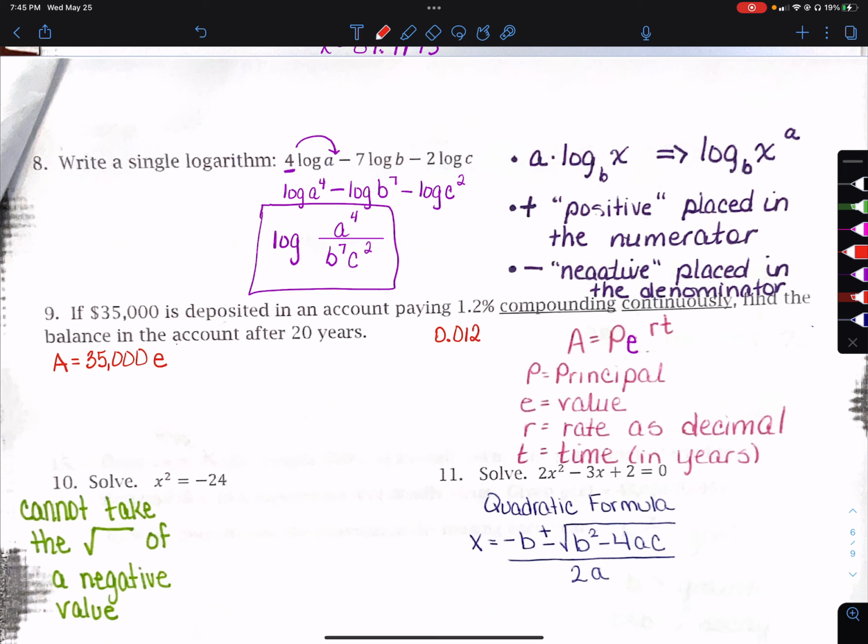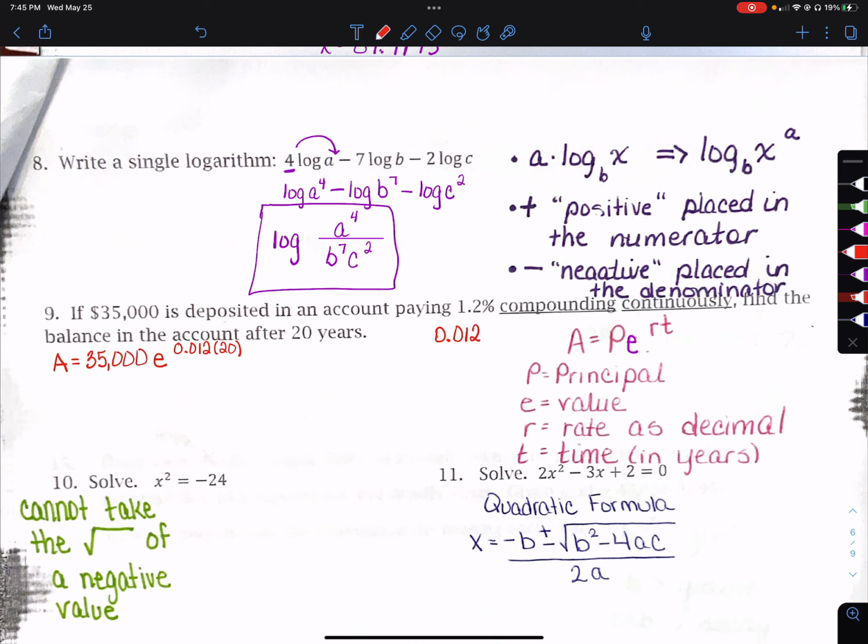So 35,000 times e to the 0.012 times t, the number of years, which is 20. Okay.